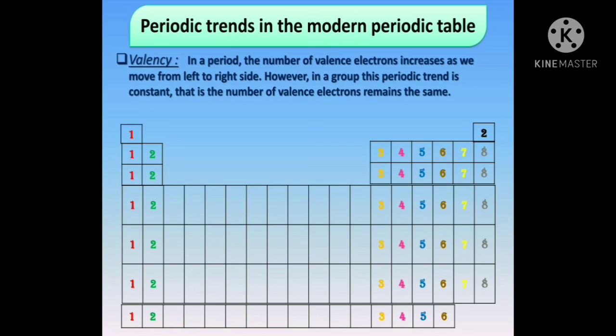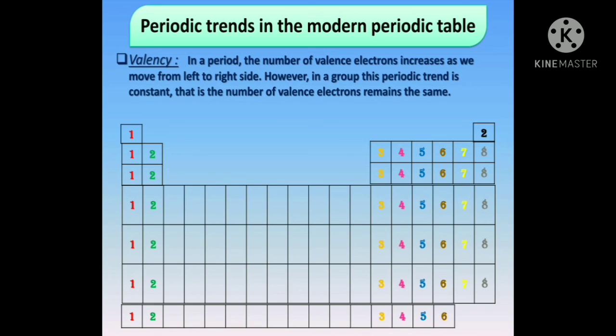But if we look at the periods, that is the first period, you will see that the valence electrons increase from left to right. Hydrogen with 1 valence electron, helium with 2 electrons in the outermost shell. As it is stable, it is given a different color.